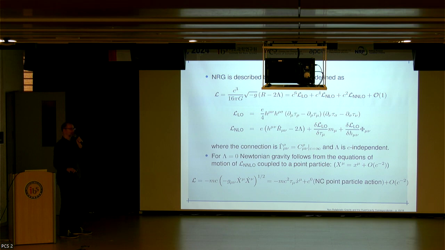That's all it tells you, so it's kind of like a constraint. The first non-trivial theory is this one, and here the equations of motion determine the spatial geometry, so you get equations for H.